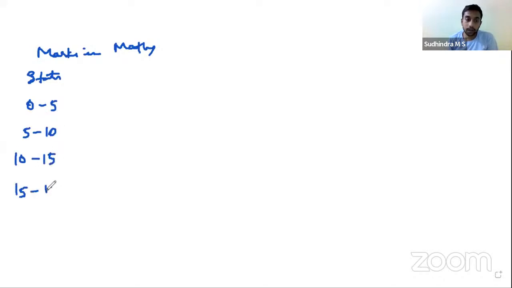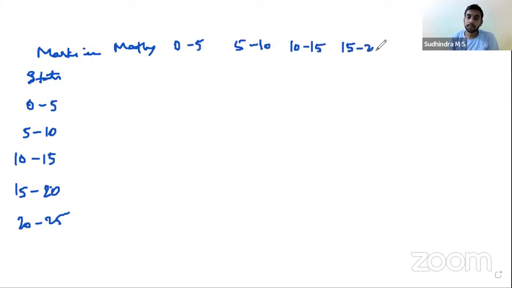Marks in mathematics and statistics, in class intervals 0 to 5, 5 to 10, 10 to 15, 15 to 20, and 20 to 25. Now, I will obviously have the totals.